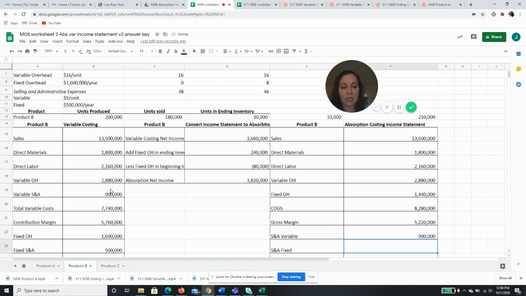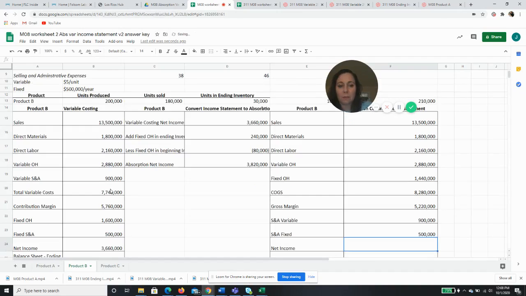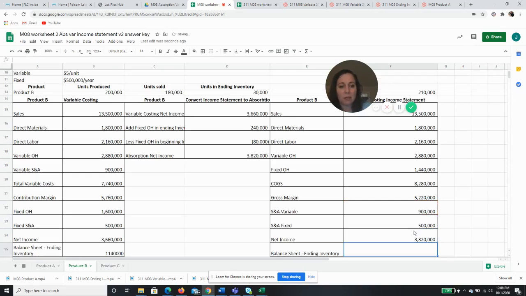My S&A variable is the same as it was under variable. It's just in a different spot. And my S&A fixed is at 500,000, right up here. I could have also copied that. All right, so my net income is going to be my gross margin minus my S&A variable minus my S&A fixed, and it's going to be 3,820,000, which is exactly what I calculated when I did the conversion.